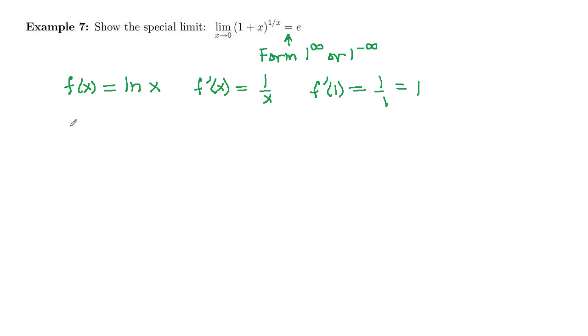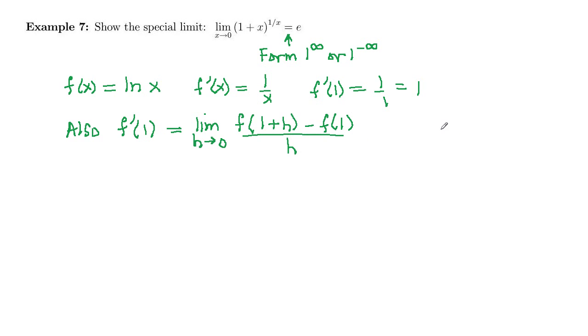But also, by the definition of the derivative at a point, f prime at 1 is equal to the limit as h goes to 0 of f at 1 plus h minus f at 1, and divide by h.